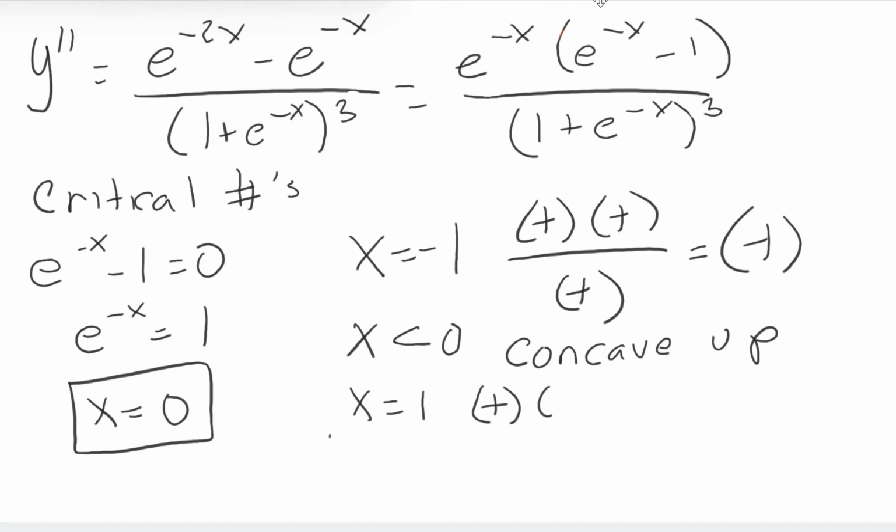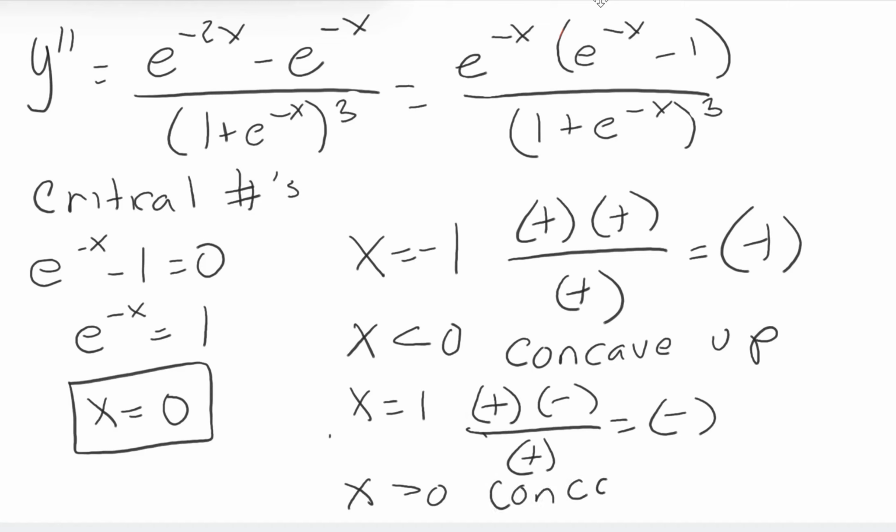E to the negative 1 is 1 over e, correct? And that is less than 1, so that's going to be negative. And that's still going to be positive, so this is going to be negative. So when x is greater than 0, it's concave down.